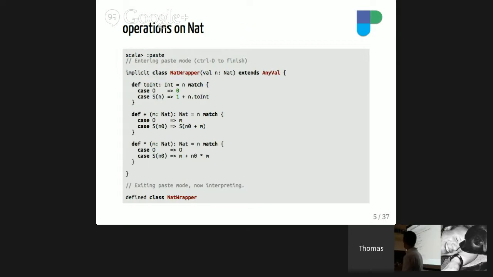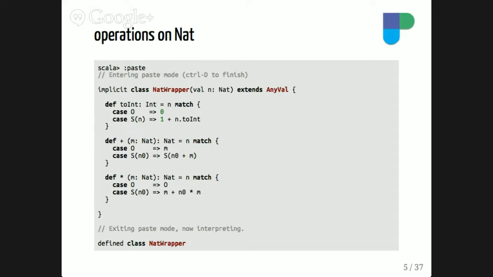Right. A few operations on the Nat. You want to be able to do plus, multiplication, and maybe go back to Scala integers, just so it's easier to print on the screen. I'm defining a wrapper using Scala implicits. I'm looking at the n and pattern matching on that.